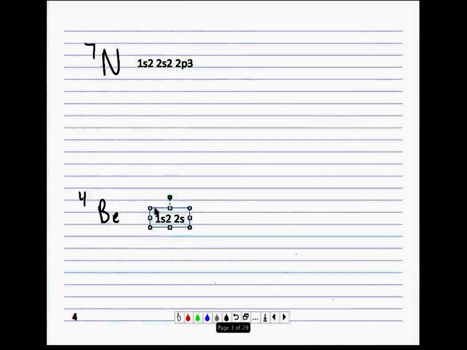So nitrogen is in period 2, and group 5, which I get by adding the number of electrons on the valence shell. We call the inner ones the core electrons. Those are the valence electrons, those that are in the highest n. Remember that the number before the subshell represents the shell, the n.